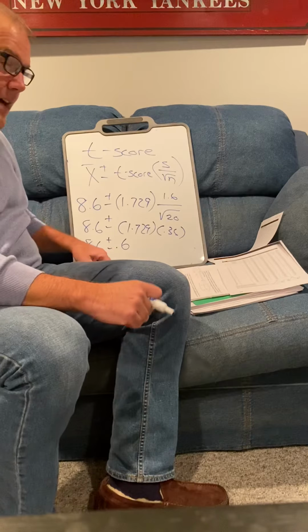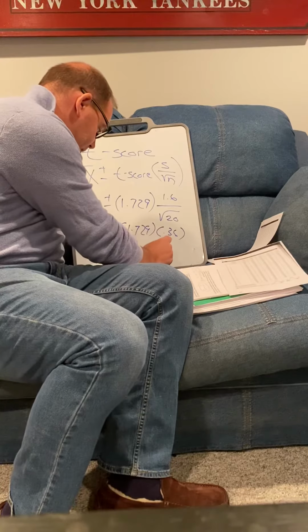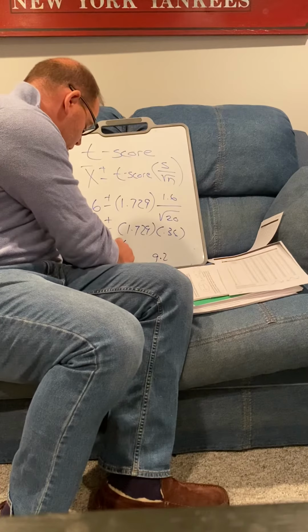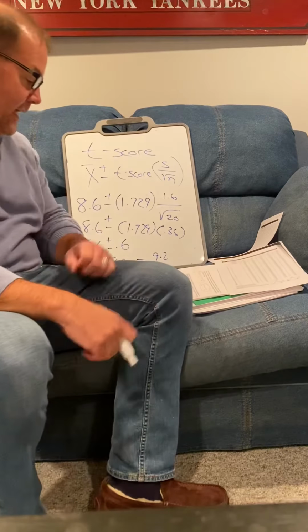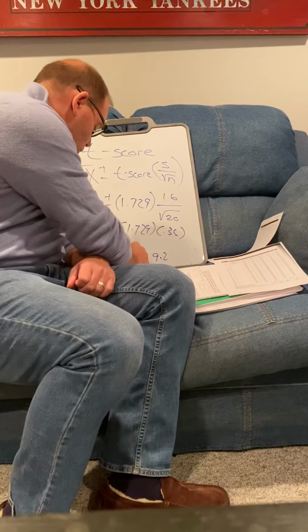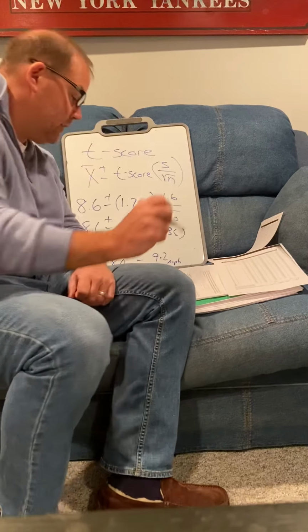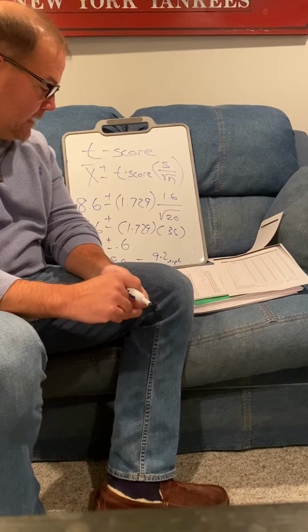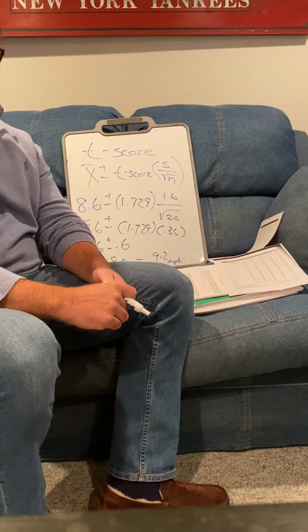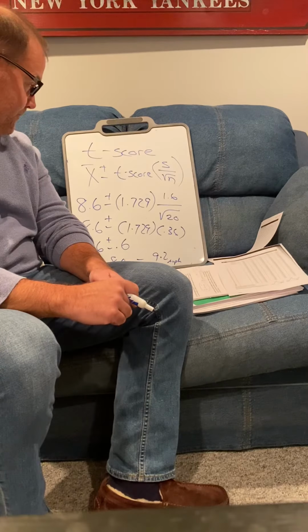So if I add 0.6, I'm going to get 9.2. If I subtract 0.6, I'm going to get 8. So what we're saying is 8 miles per hour to 9.2 miles per hour is going to be the range.